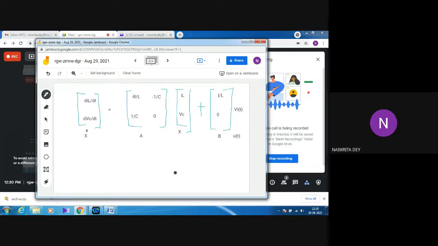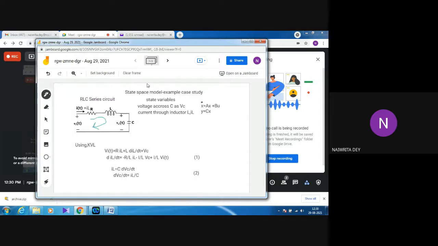One more thing we are yet to do is our output equation. Here you can choose any one of the state variables as the output variable. I am choosing VC(t) as the output variable. Let's say y is our output, which I'm choosing as VC.